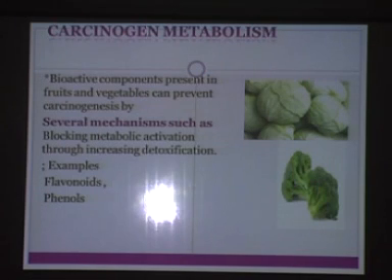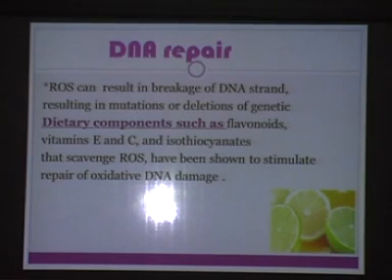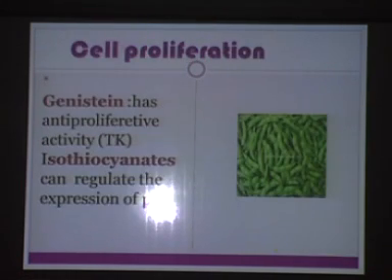All these can block metabolic activation and prevent carcinogenesis. DNA repair: reactive oxygen species during carcinogenesis or inflammation can damage our DNA strand. But dietary components such as flavonoids, vitamin C, and vitamin E can help to repair the oxidative damage.